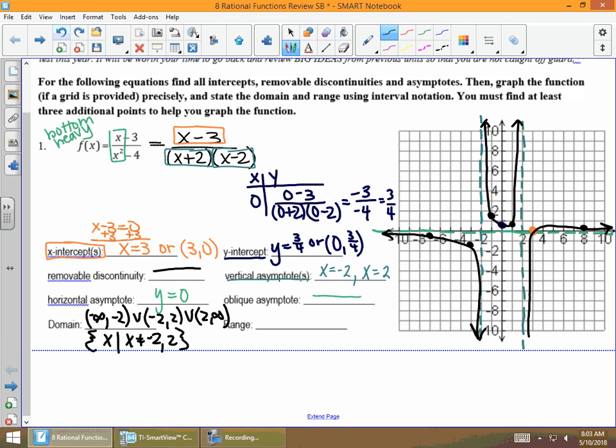On this unit test, I'm going to ask you very specifically for one type of notation or the other. On the next unit test, or after this unit test, I will let you pick. As long as your notation is good, I will let you pick.